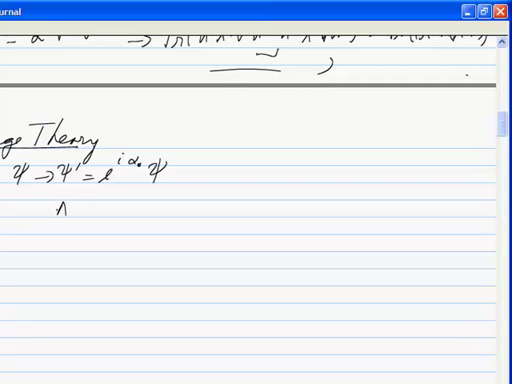And we had this field, the photon field, which went to A′, which was A_μ minus 1 over e, the charge, ∂_μ α, so the gauge change.